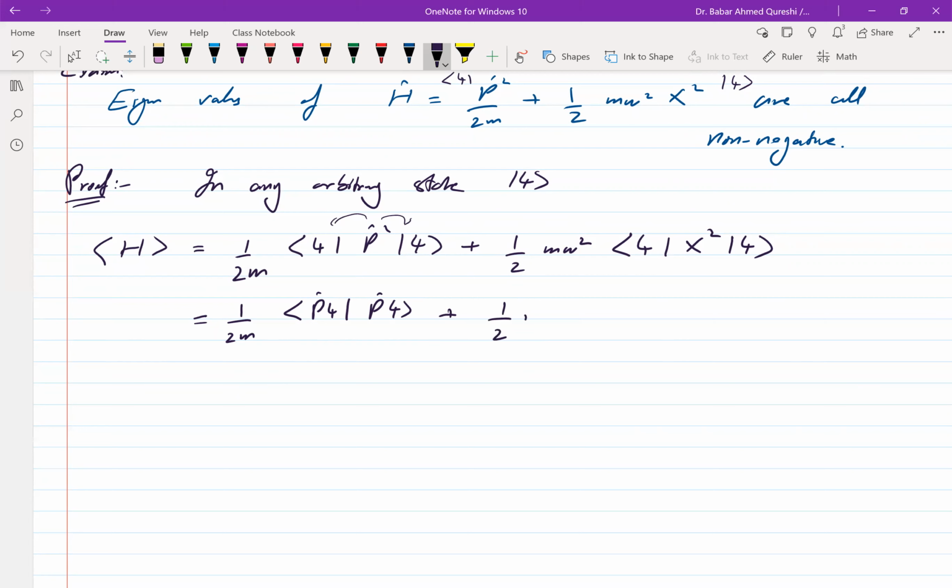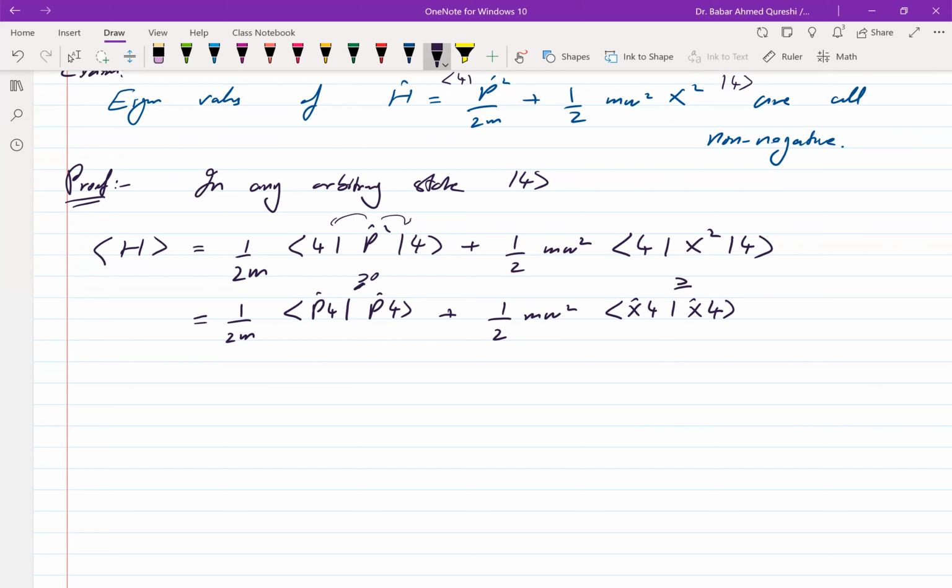And X acting on psi. Now, by the starting postulate of vector space, this is equal or more than 0.